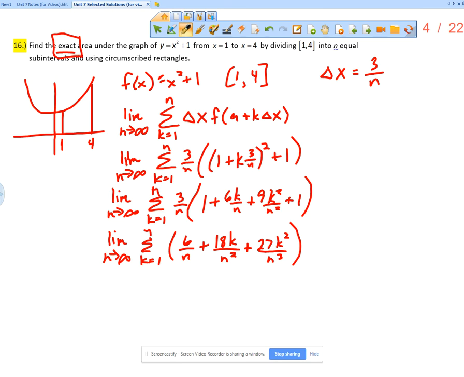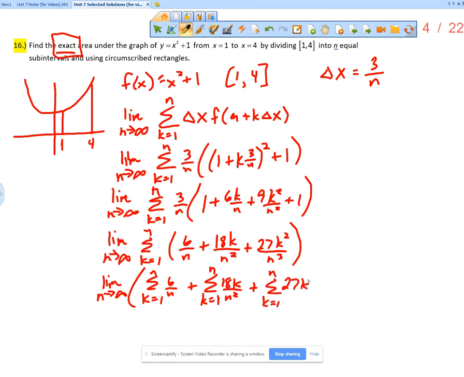So I have the limit as n approaches infinity of the sum from k equals 1 to n of 6 over n, plus the sum from k equals 1 to n of 18k over n squared, plus the sum from k equals 1 to n of 27k squared over n cubed.